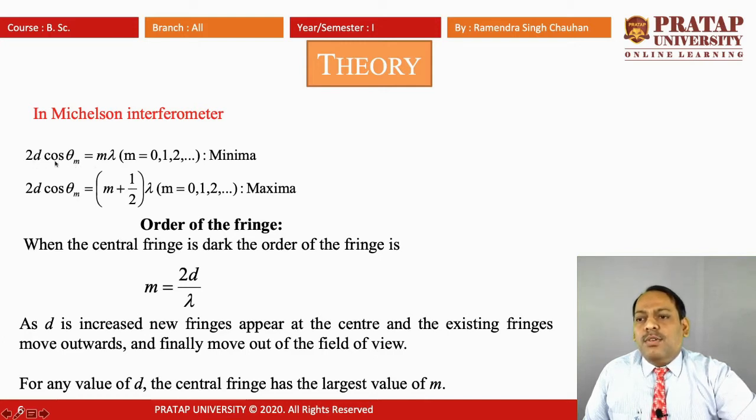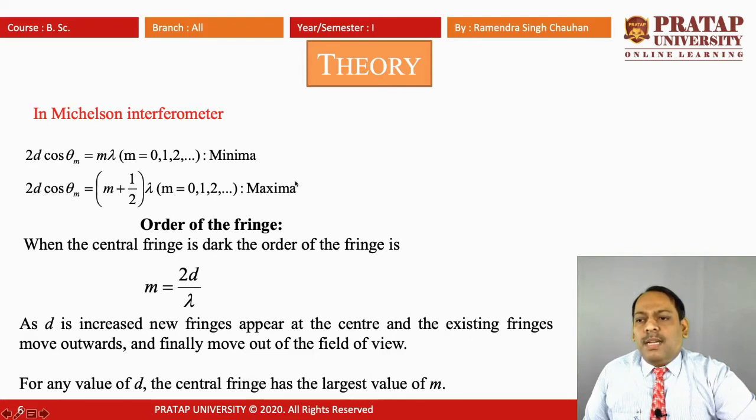So we can say 2d cos theta m is equal to m lambda is the condition for minima, where m is the order of fringes, m equal to 0, 1, 2 and so on. And similarly for maxima, we have 2d cos theta m is equal to (m plus 1/2) lambda, where m is equal to 0, 1, 2 and so on.